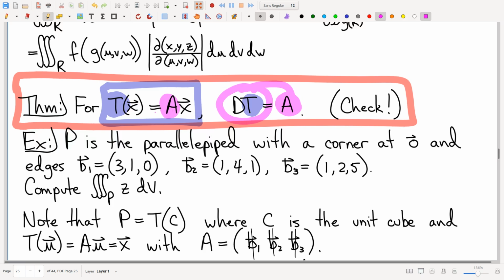I'm not going to ask you to prove it rigorously or in general, but write down a 2x2 matrix of constants. Write down the corresponding linear transformation. Take the appropriate partials, and you will find, hey, son of a gun, look at that. The derivative matrix is exactly the matrix representing the transformation. It's a neat fact to know.